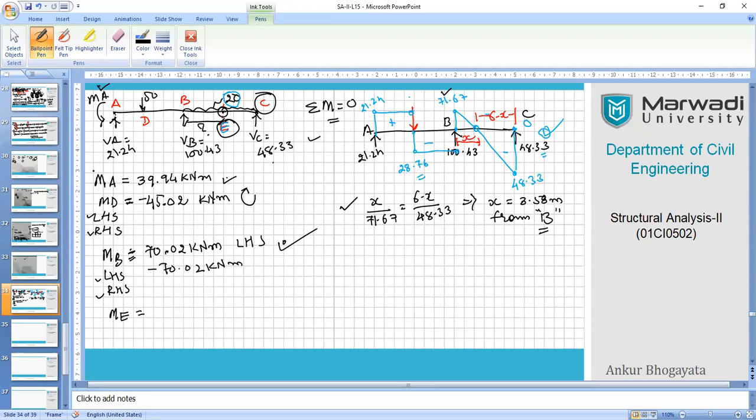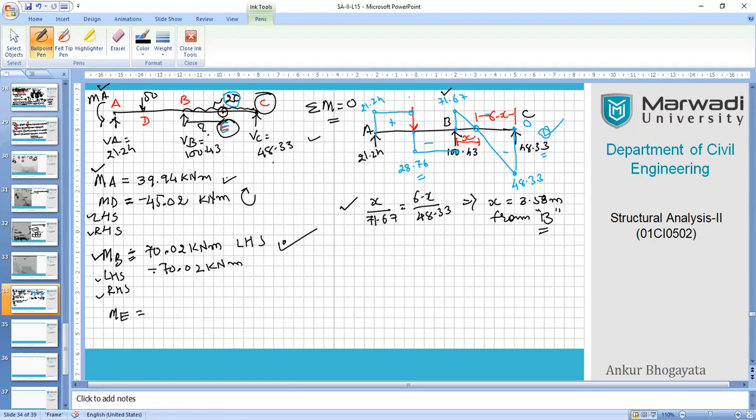So we have MA done, we have MB done. Both are positive. You can see here on the left hand side, both are positive. While the span moments are, on the left hand side, MB is negative 70.